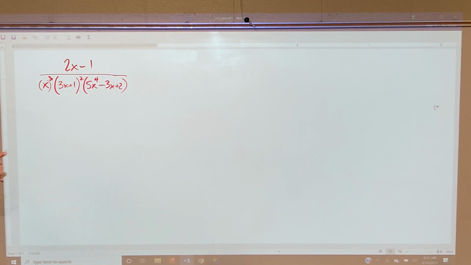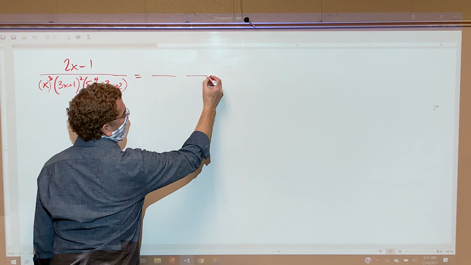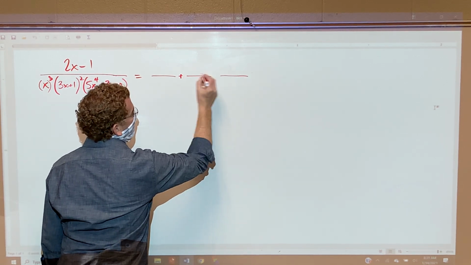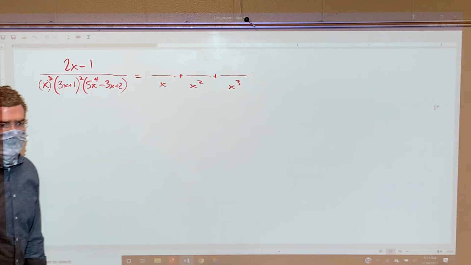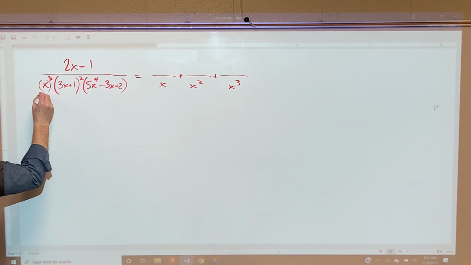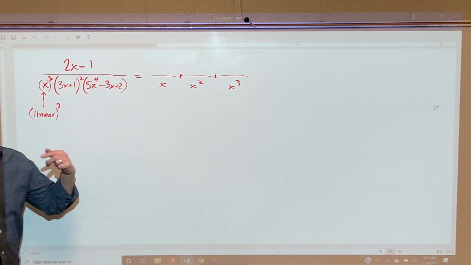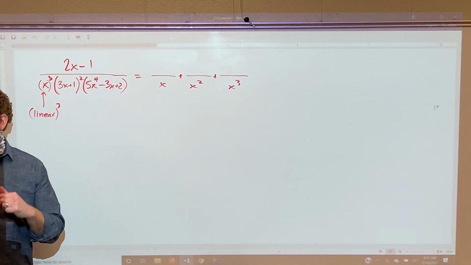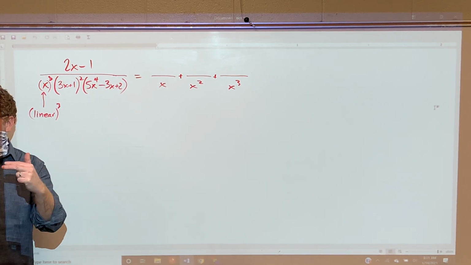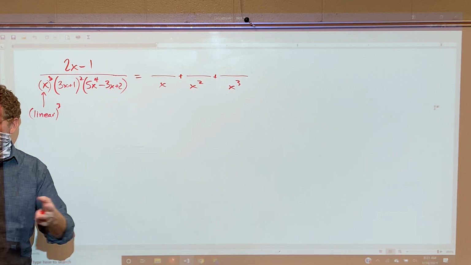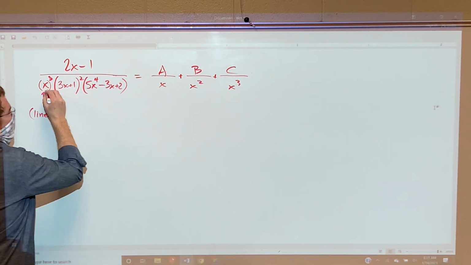So if I break that up, how do I write x cubed when I break it up? x, x squared, x cubed. And since it's linear, that's being cubed, what do I put in the numerator? Constants, 1 power less. 1 power less than a linear is a constant, so A, B, C. All right, takes care of that.